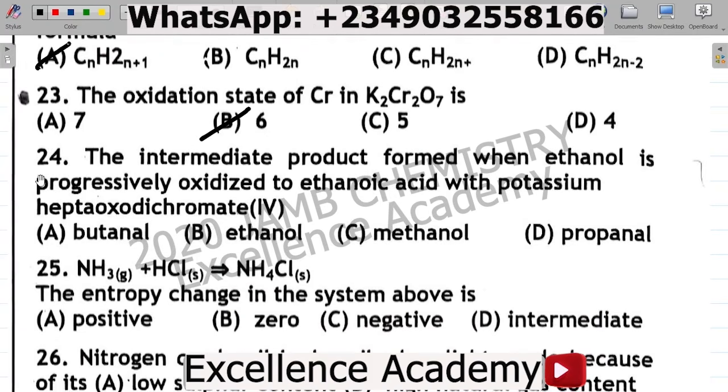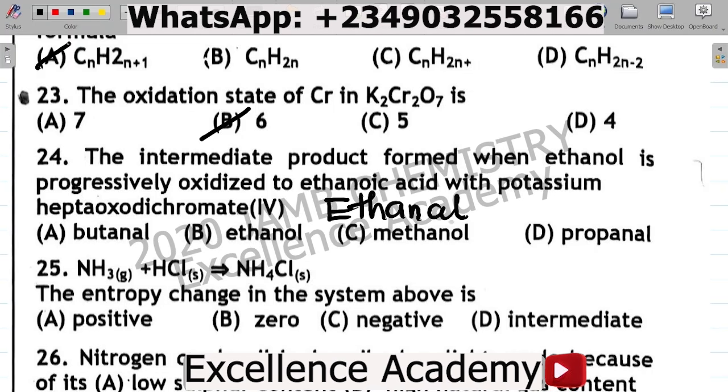Next up, question number 24. 24 says the intermediate product formed when ethanol is progressively oxidized to ethanoic acid with potassium heptaoxodichromate(VI) is A, butanol, B, ethanol, C, methanol, D, propanol. For this question, the correct answer is ethanal.